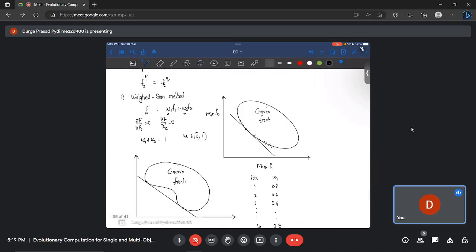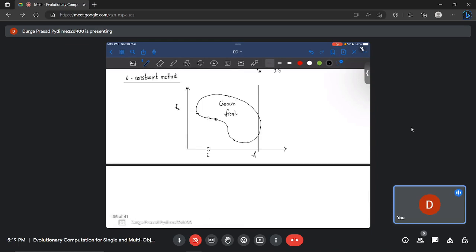In the previous case, when we said f equal to w1 f1 plus w2 f2, we just solved two equations, del f by del f1 and del f by del f2 equal to 0. But now in the epsilon constraint method, instead of two objectives, we will only solve for a single objective function.